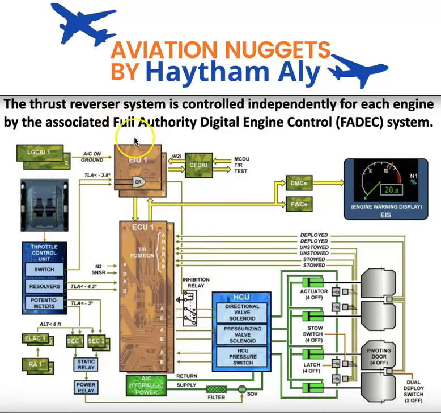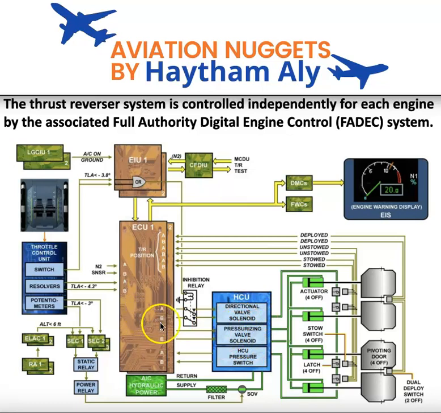So why does the EIU do that? Now the ECU can energize the solenoid of the directional valve. The ECU is the computer which will energize the solenoid of the directional valve and the pressurizing valve. But the ECU can directly energize the solenoid of the pressurizing valve inside the HCU.